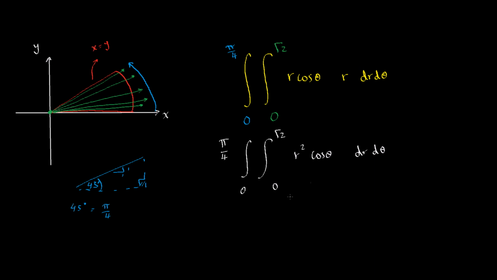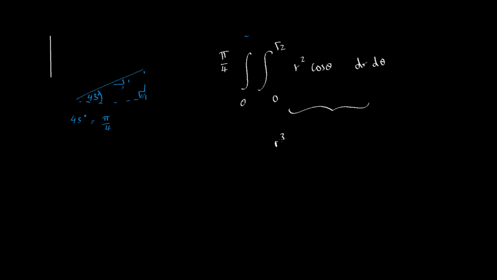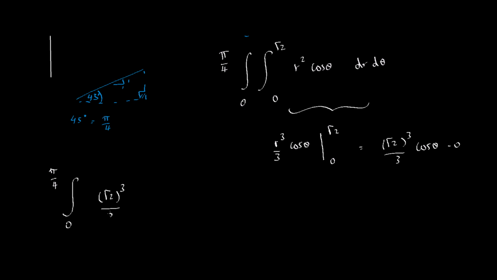So if we integrate the inner integral, we have r cubed divided by 3 times cosine theta, and we evaluate this from 0 to root 2, and we get root 2 to the power of 3 divided by 3 cosine theta minus 0. So now we have the integral from 0 to pi over 4 of root 2 to the power of 3 divided by 3 cosine theta d theta.